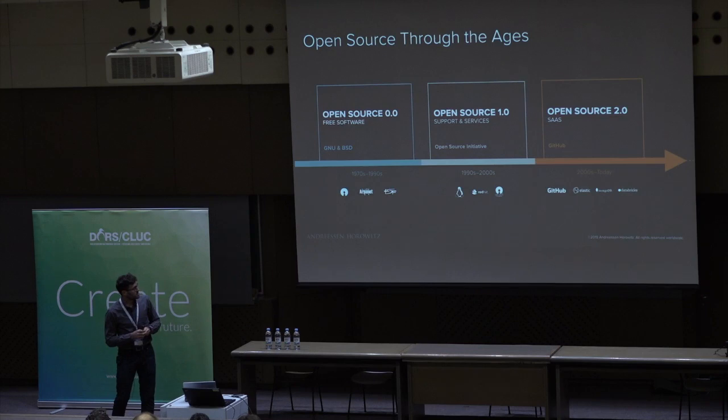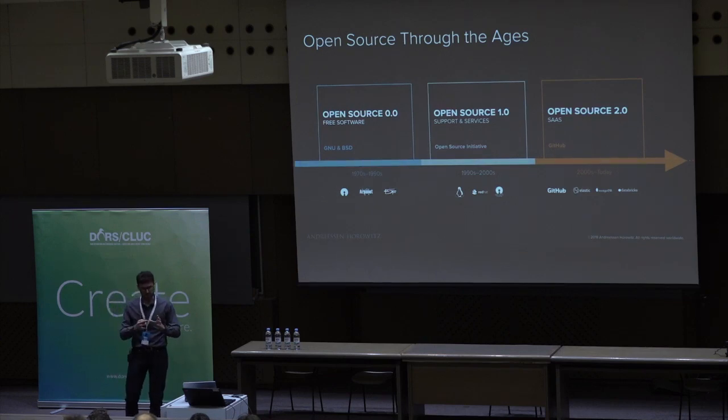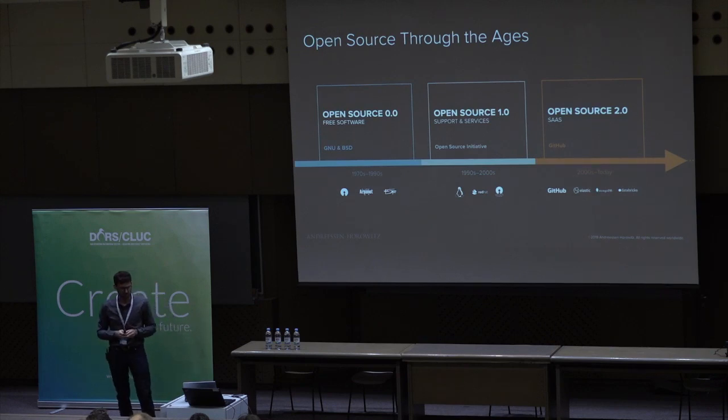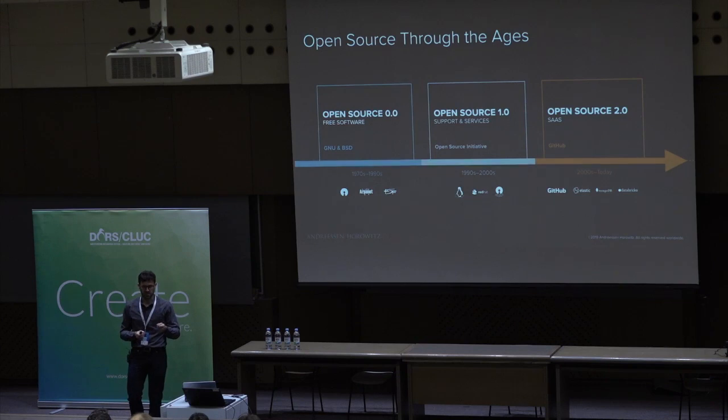Probably the best examples are Elastic and Mongo. These are examples in the database space, which is a subset of software as a service called database as a service, when you offer a database as a service in the cloud.